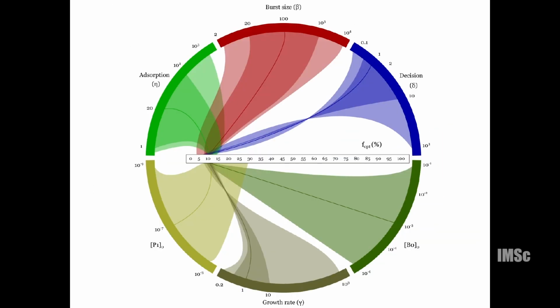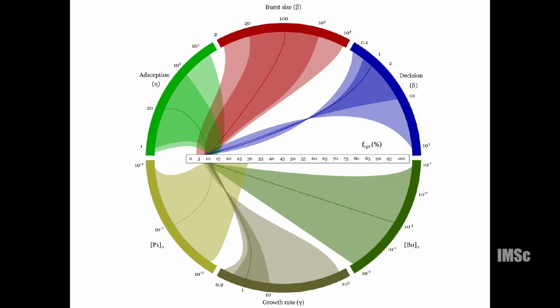What is a bit surprising is that if we rerun this entire game with completely new parameters, not parameters that are set for lambda phage, and what I'm showing here is the optimal lysogeny percentage that comes out of this game theory, this payoff matrix and all that, but for different parameter values.